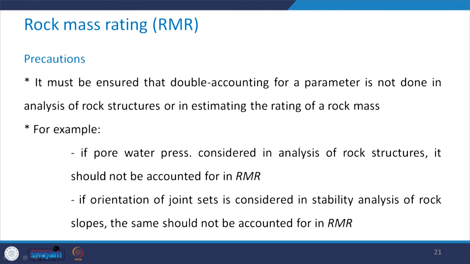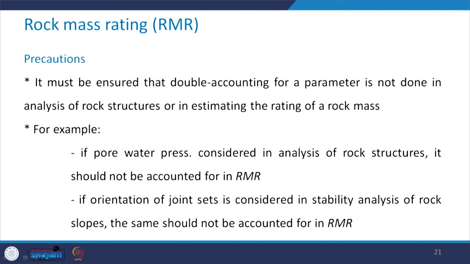Some of the precautions that we should keep in mind when we use this classification system, the rock mass rating. We must ensure that double accounting for any parameter is not done in the analysis of rock structure or in the estimation of the rating of the rock mass.